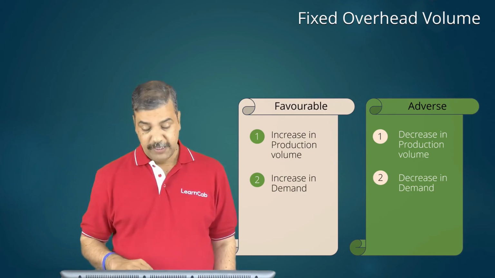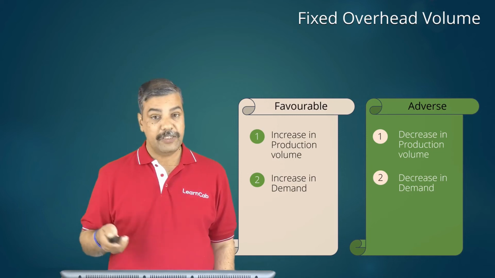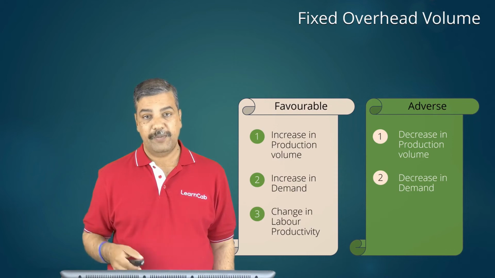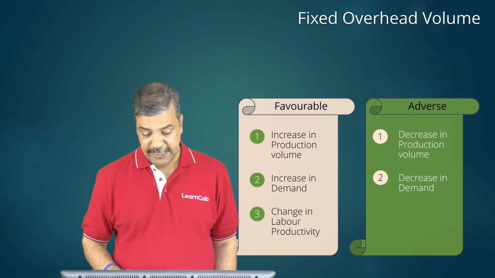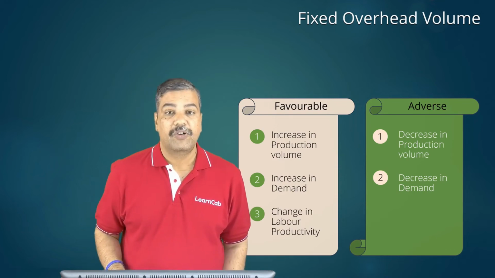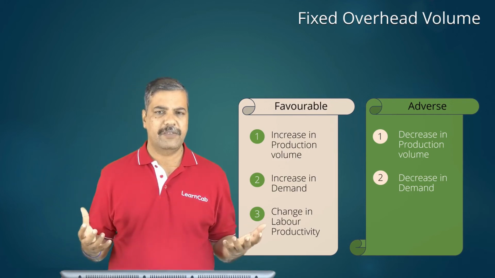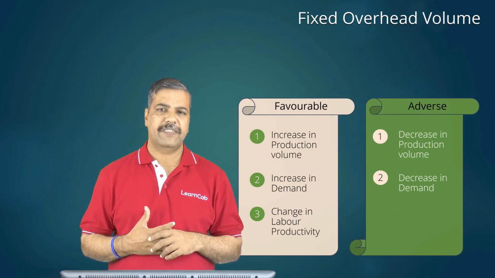So these are the things you need to analyze when you do variance analysis. Variance analysis is a very important tool for doing all this analysis. Next, change in labor productivity. How do fixed cost and labor productivity go hand in hand? What is the logic behind labor productivity and fixed cost?